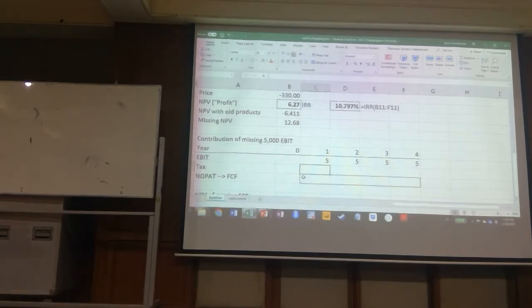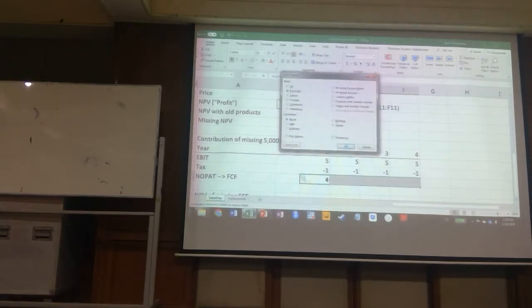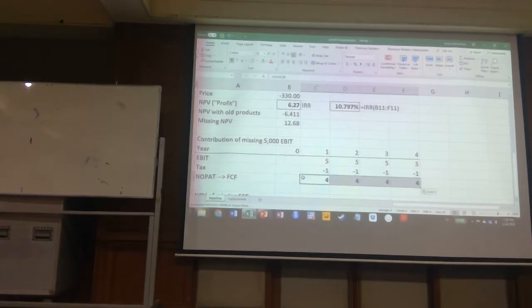Well, EBIT has to be tax deducted first. So I'm going to pay 20% tax on this. So my NOPAT is 4,000 per year.